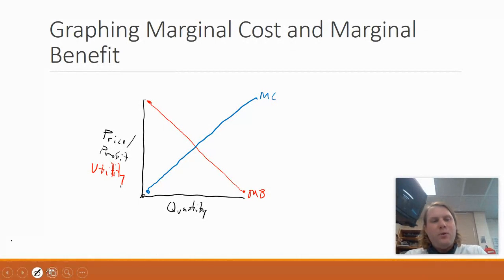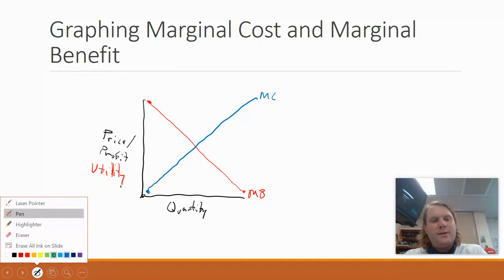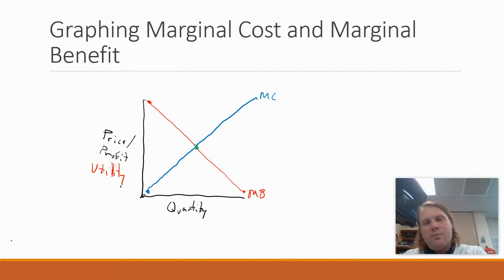Now we've got a special point on this graph. We're not going to talk too much about it today, all right? But we have this intersecting point. The fancy term for that point is the equilibrium. And we're going to behave as often as we can at that equilibrium. Okay, we're going to eat these 5 pieces of pizza, whatever that number of pieces of pizza is, right?